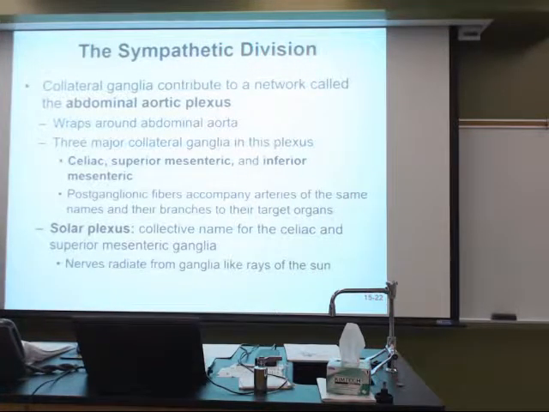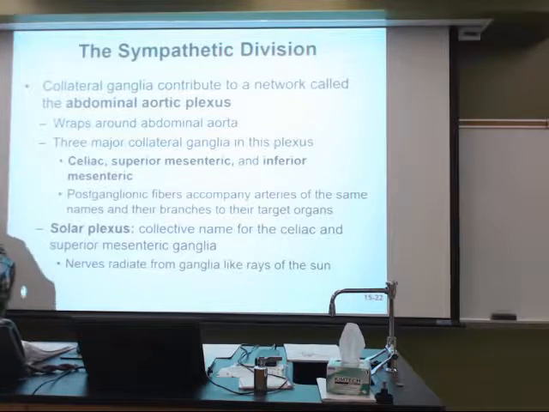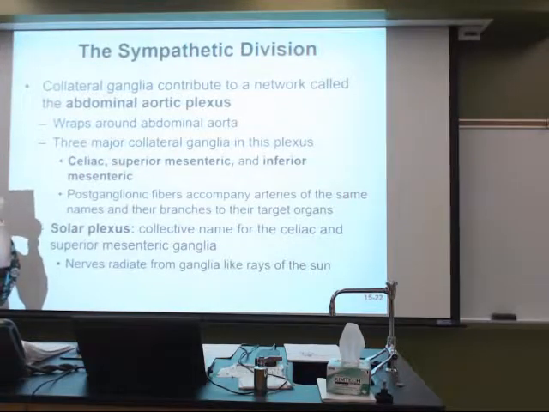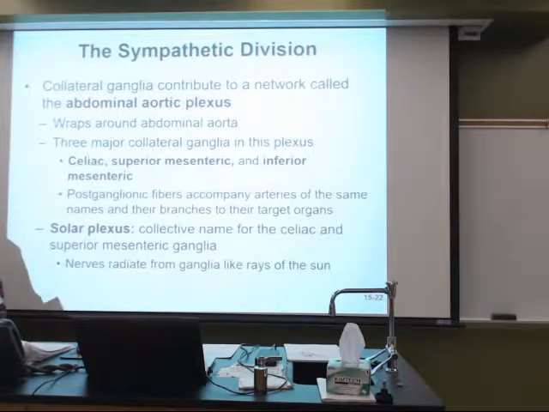Look at where we are. We're in the abdominal region. Aortic, because if you look at this picture, what vessel do you see the really huge bumps on? The aorta.